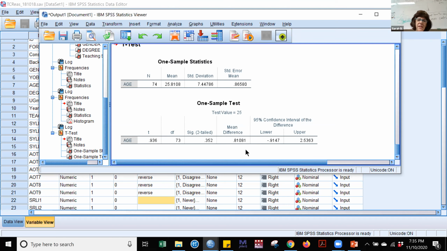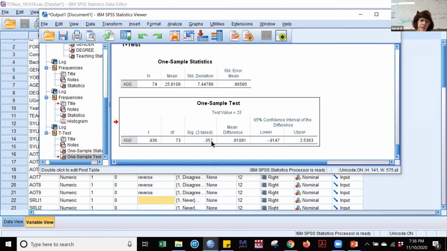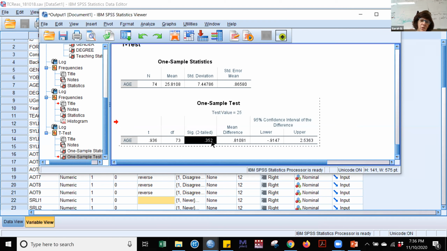So for your decision, the one thing is that this gives you the probability rather than the critical value. So what you do is compare that probability to your alpha level. You can actually extend this, by double clicking, to a whole lot of decimal places, to see whether it's greater than or exactly 0.05, which it will never be.